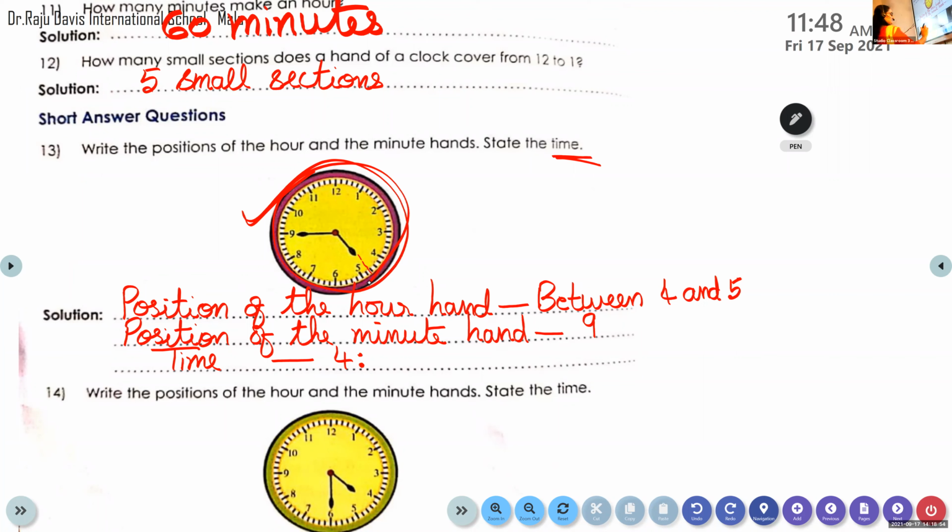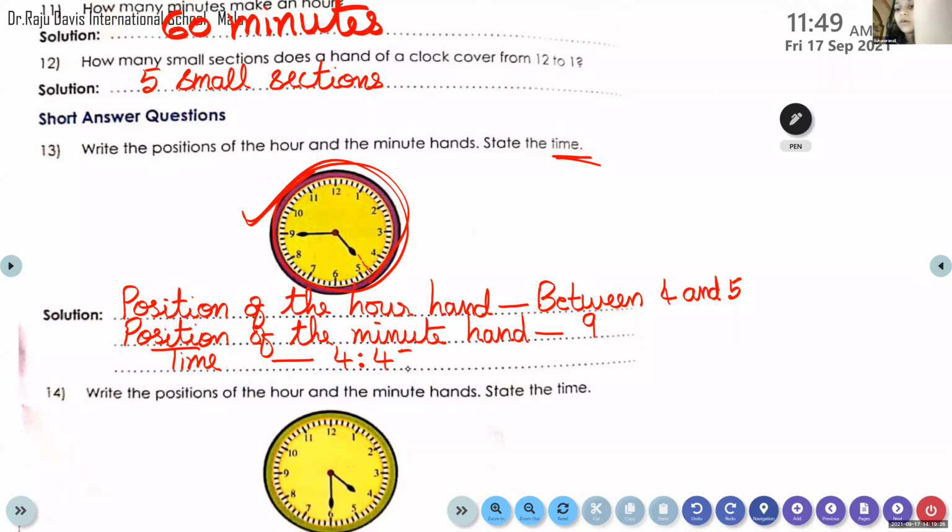Suhana. Yes. Suhana, what is the time shown by the 13th clock? In the 13th question. 4:45.